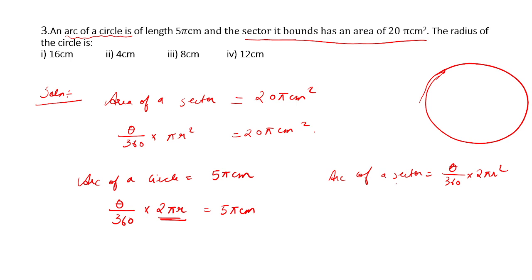See the difference? This is sector and here you're talking about just a circle. Why 1 r? Since you're talking about the entire circle, you just have to take one radius itself. But when you talk about sector, a sector area is enclosed by 2 radii. That's where the value r square comes in, okay?